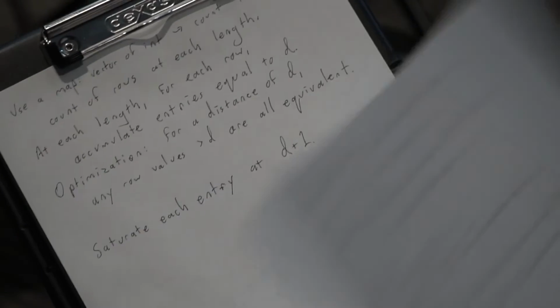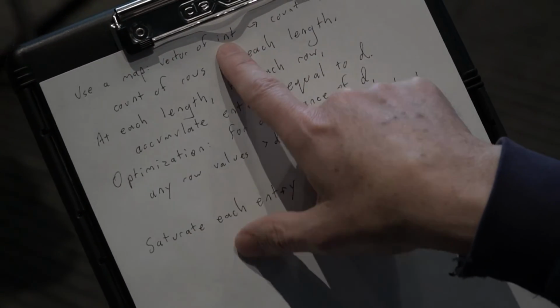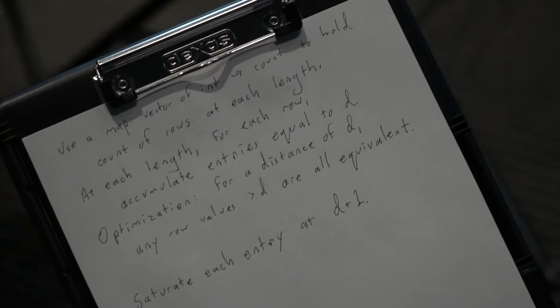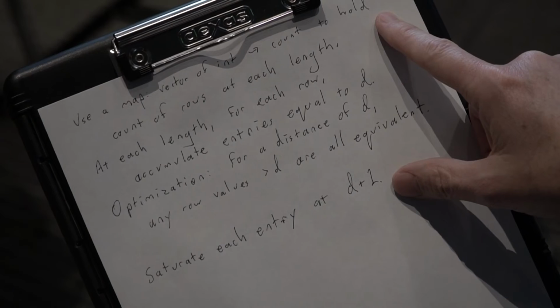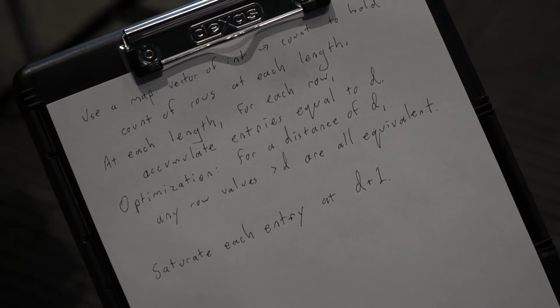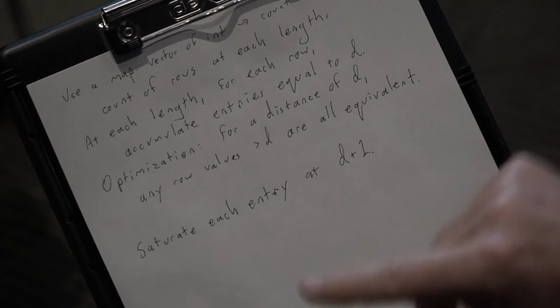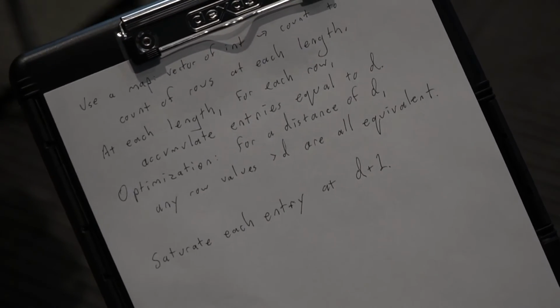So what we do is we use a map from a vector of ints, which is my row, to a count, how many times that row can occur among all the possible strings of a given length. We initialize our map with a single element that has the entries 0 through n plus 1 if the initial string has n characters.